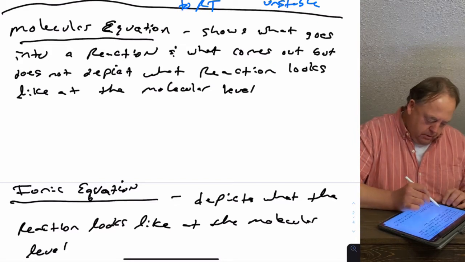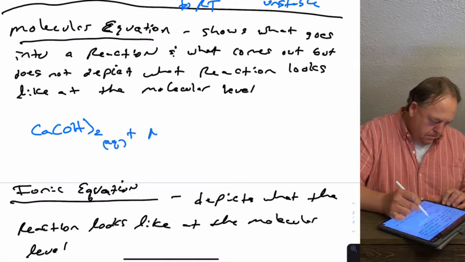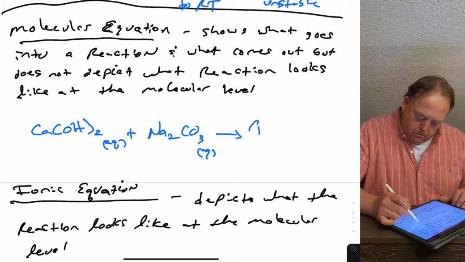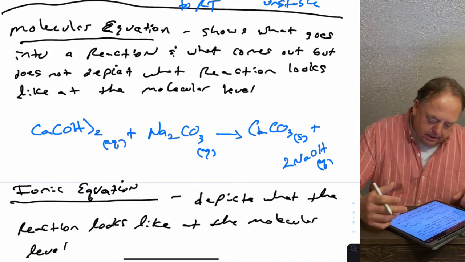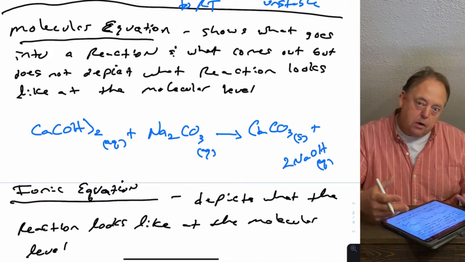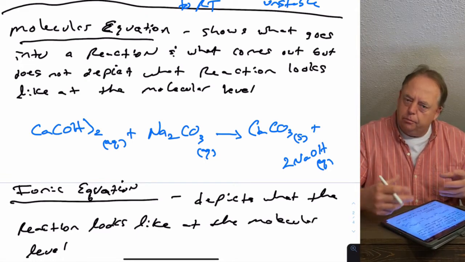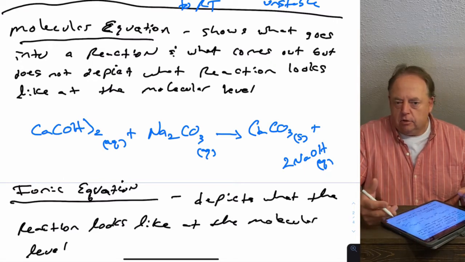So an example would be calcium hydroxide plus sodium carbonate, both dissolved in water, so they're aqueous, react with each other to form calcium carbonate, solid, so that means it would precipitate out of the solution, and NaOH, aqueous, meaning the sodium hydroxide stays dissolved in solution.